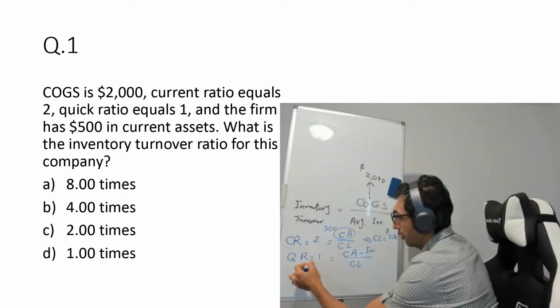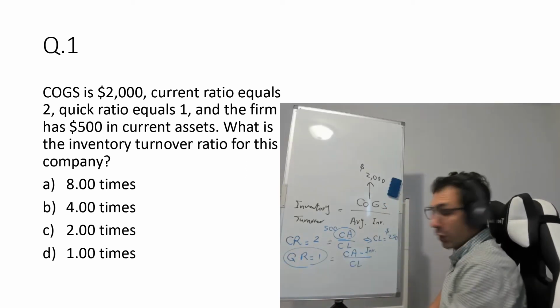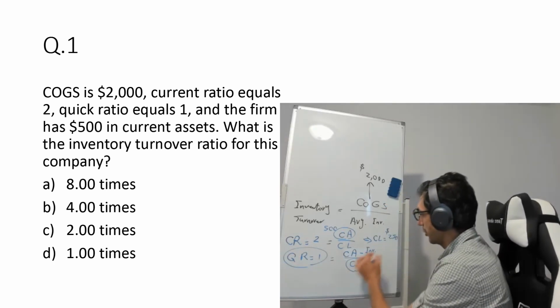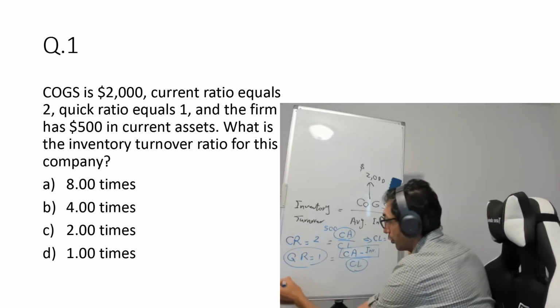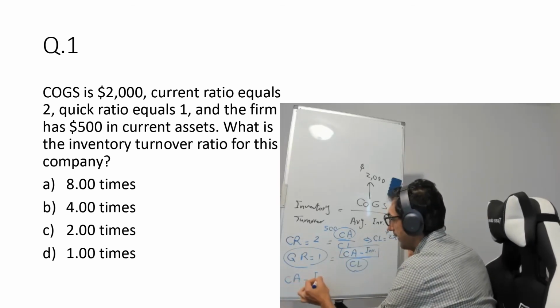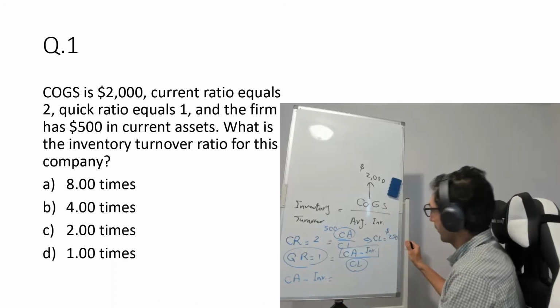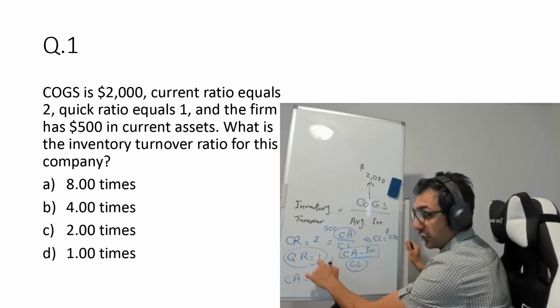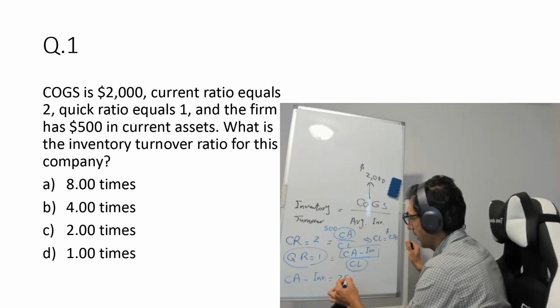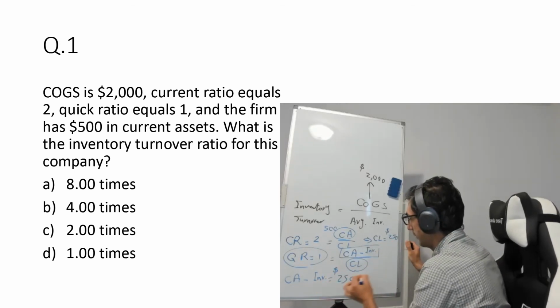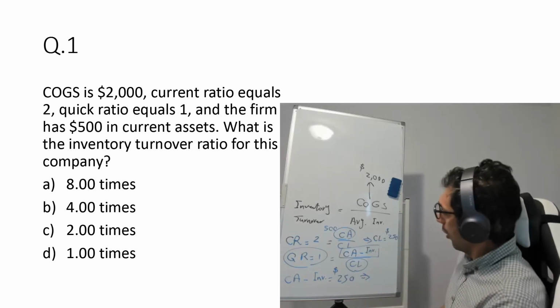So the quick ratio is given. We just found the current liabilities. So from here, we can find current assets minus inventory. Your current assets minus inventory should be the quick ratio, which is 1, times current liabilities, which is $250. So this is $250. What is our goal here?